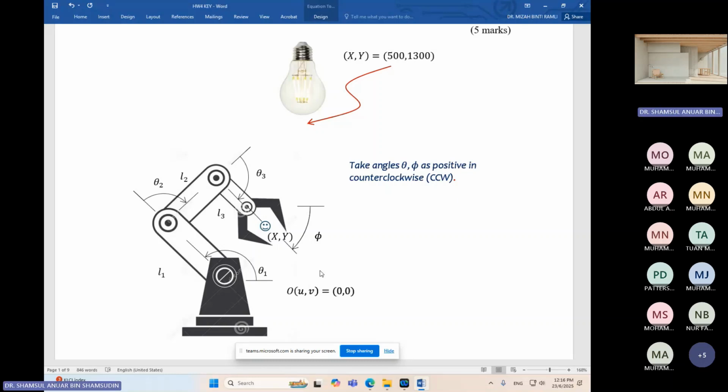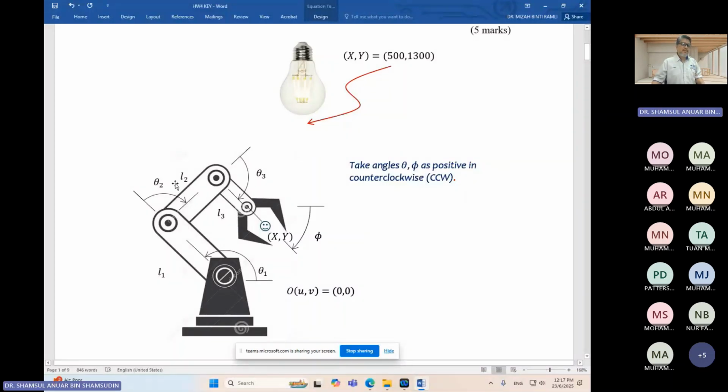Absolute angle meaning you have to calculate from positive x, right? From east. All the other angles, especially theta 2 and theta 3, will be relative angle. So theta 2, theta 3 are not absolute angles. You do not measure theta 2, theta 3 from horizontal.